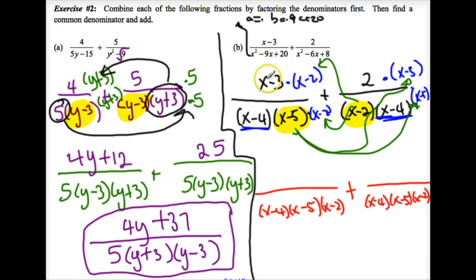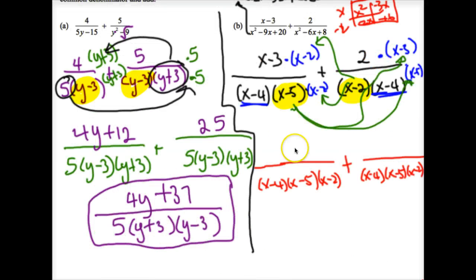If I use the box method, do the box method really quick here with X minus 3 and X minus 2. This is X squared minus 3X minus 2X plus a 6. So the top ended up being x squared minus 5x plus 6.